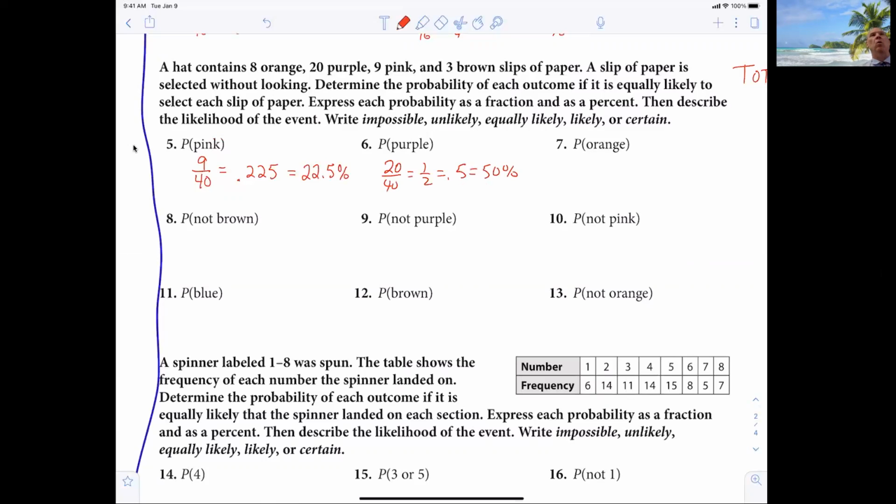What's the probability of getting an orange? 8 out of 40, which reduces to what? No, no, get off the calculator. I asked for a fraction without a calculator.